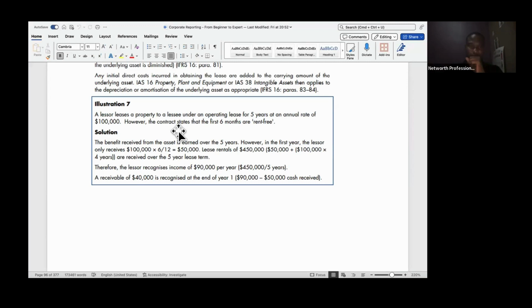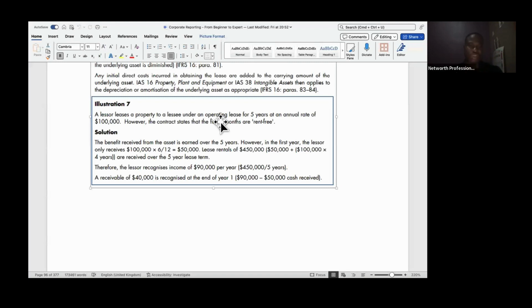In this case, the contract states that the first 6 months are rent-free. Without this last sentence, the question is straightforward: all we would have to recognize is just 100,000 per annum every year in our P&L, and that is it.